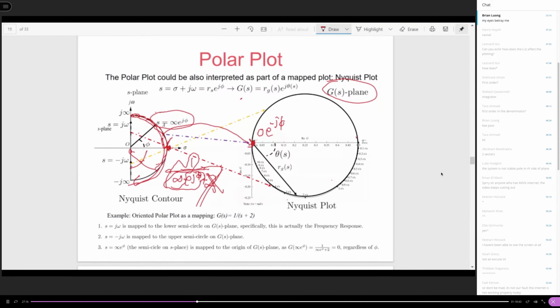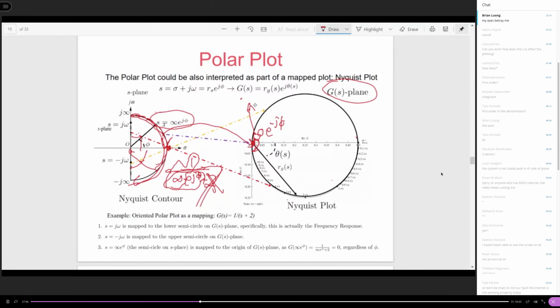See, negative 90 degrees corresponds to positive 90 degrees. And so you can imagine the rotation on the G of S plane is also clockwise.